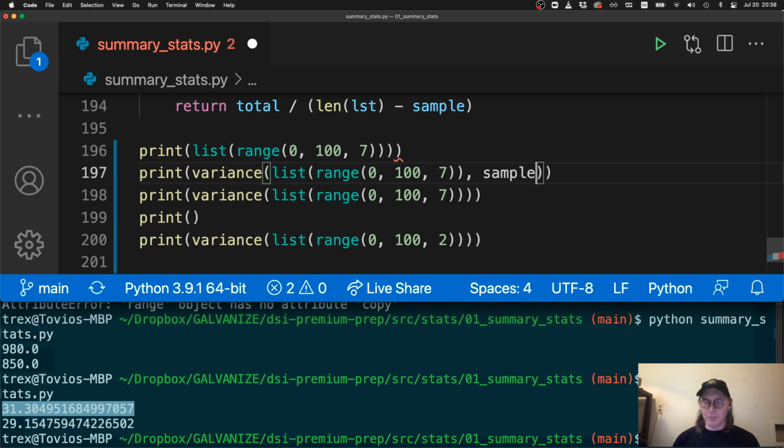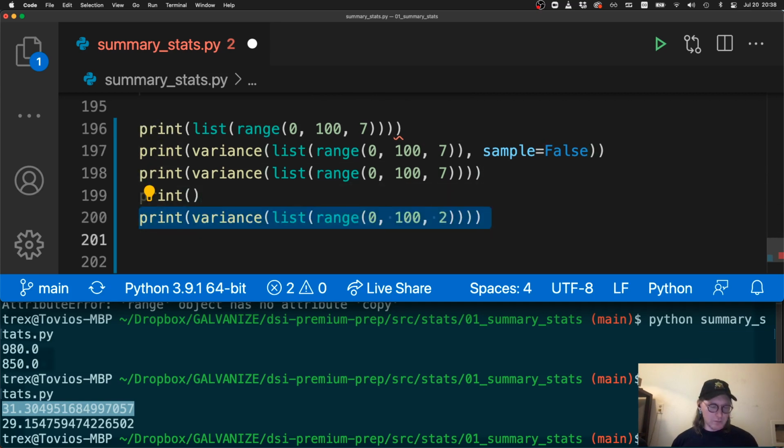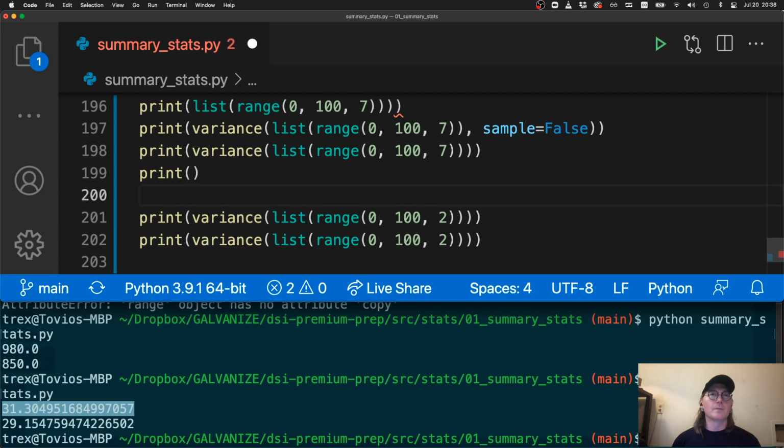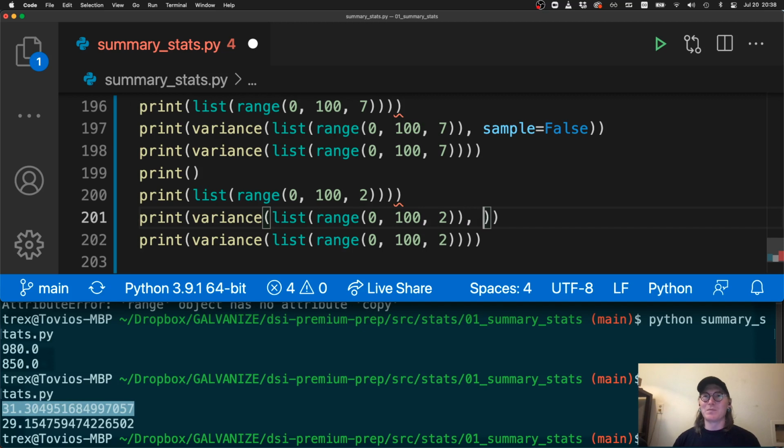So let's set sample to false here, and we'll do that again for this. There's a lot of redundancy happening here because I'm thinking it out a little bit as I go, but I think this should all make sense.